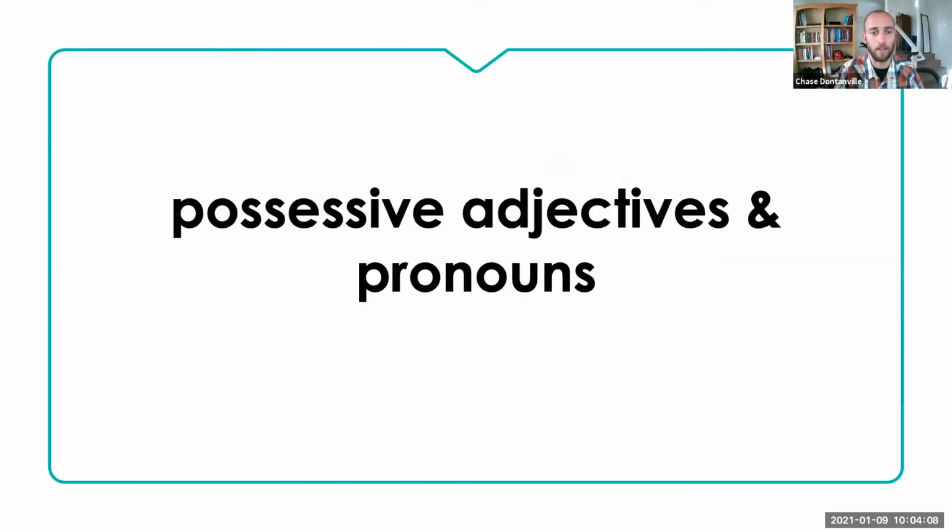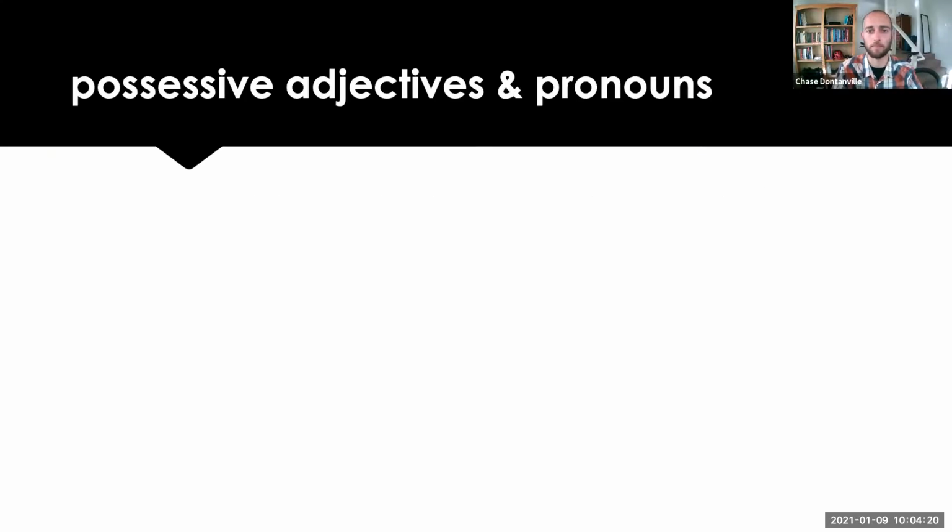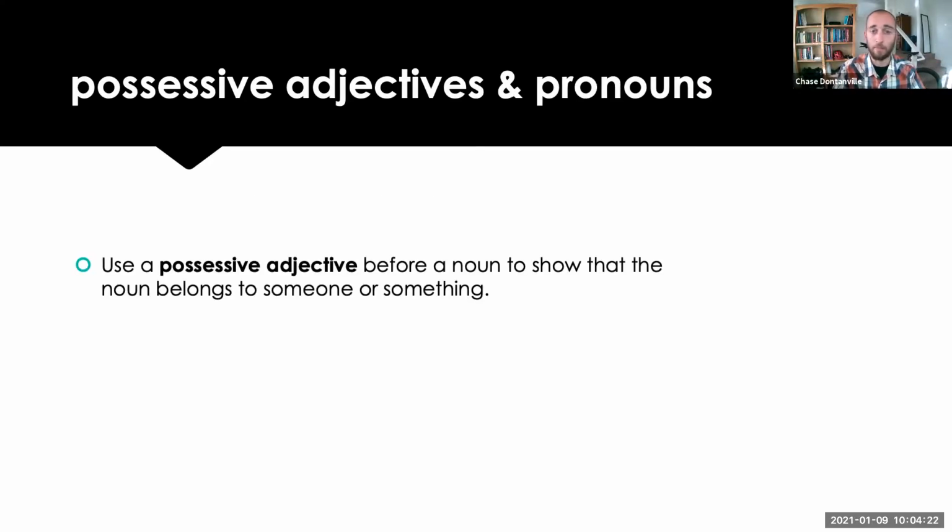Very good. Let's now look at possessive adjectives and possessive pronouns. Remember, possession is owning something, like this is my pen or my house, his house. Use a possessive adjective before a noun to show that the noun belongs to someone or something.